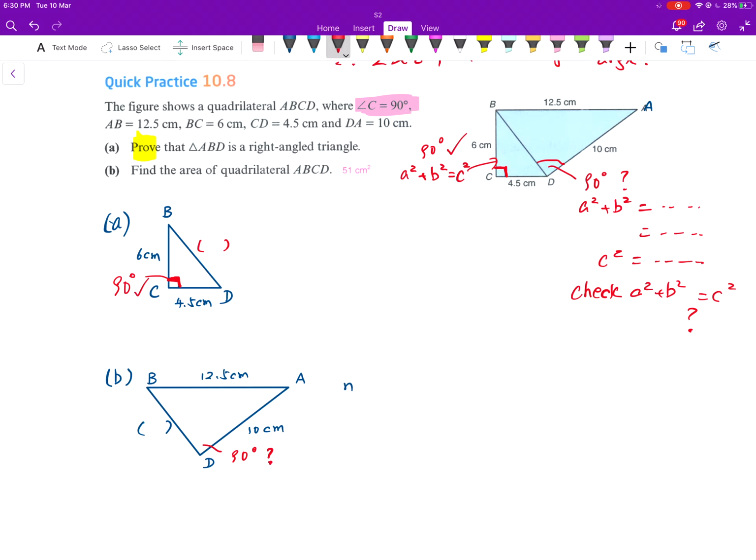Is it correct? For triangle BCD, we apply the Pythagoras theorem. But for triangle ABD, we apply the converse of Pythagoras theorem. So this one is Pythagoras theorem, and this one is converse of Pythagoras theorem. So let's get started.